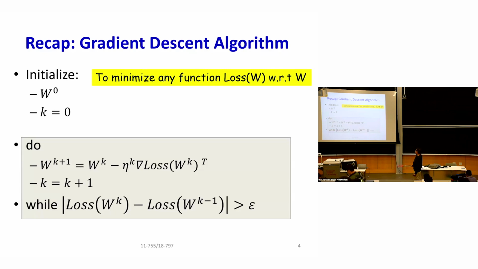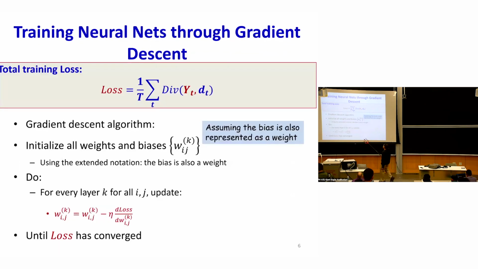So now if I want to expand this out, here's what it's going to be. There's your loss again. It's the average of the divergences over the training set. And we'd initialize all the parameters, which are the weights and biases. I'm going to assume that the bias is also represented as a weight, which means that I have introduced an additional component to the inputs whose value is fixed to 1.